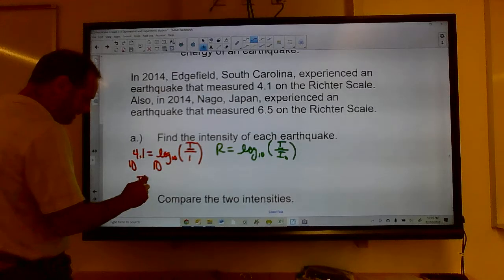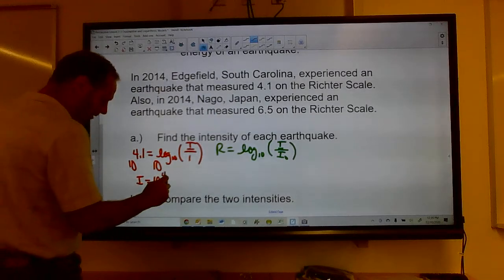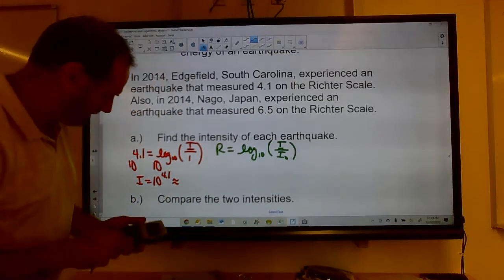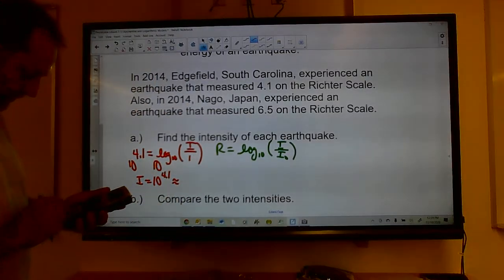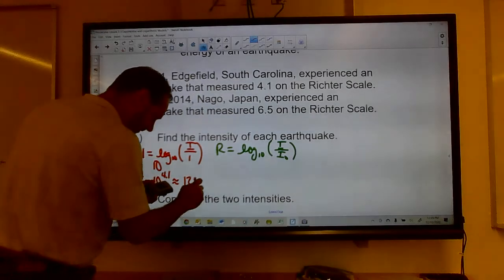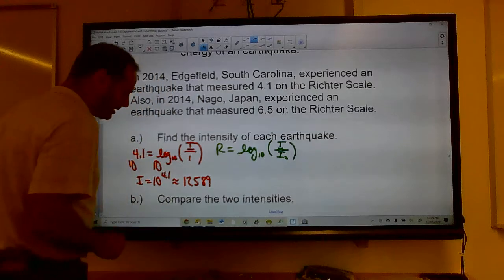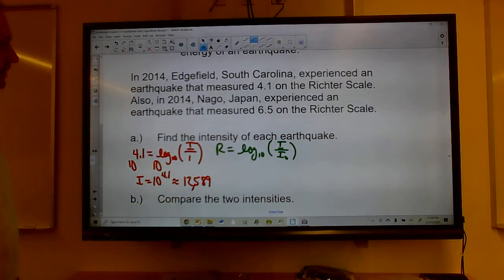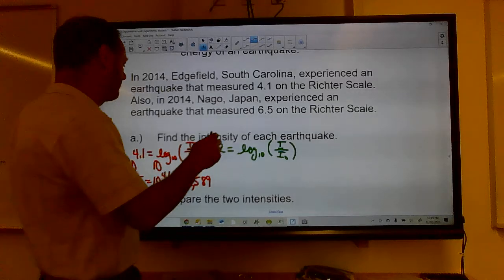So I is 10 to the 4.1 power, which is approximately 12,589. That's the intensity.